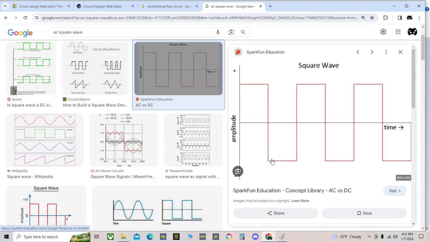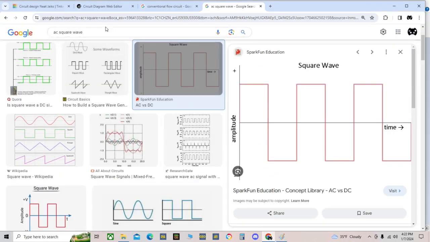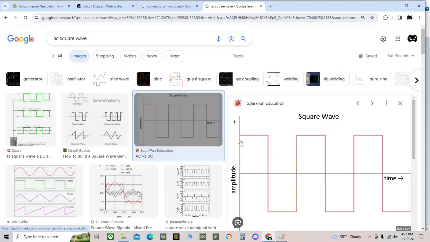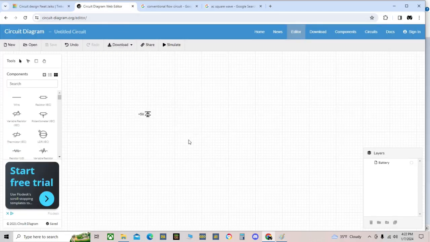It flips the polarity, and it keeps flipping it. So the electrons are just going back and forth, but that also creates electricity. DC is just the one-way direction, so it'd just be a straight line. And this is what AC looks like. DC is straight, AC is bi. Okay, that's how we're gonna learn that. You gotta remember, DC is straight and AC is bi.